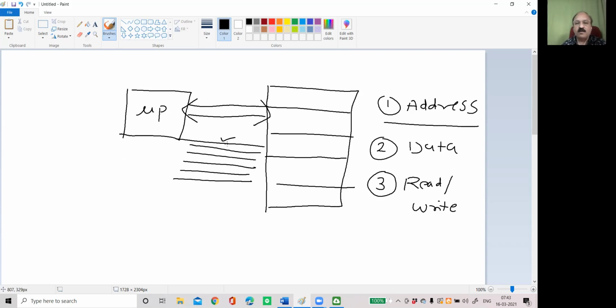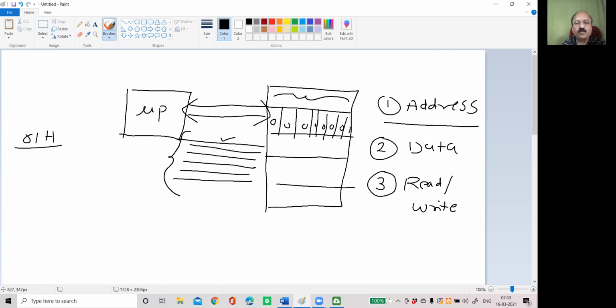If we want data to be taken from a memory location, how is the data stored? Suppose we say that 01H is stored in this memory location. Actually, it will be stored as 8 bits: 1, 2, 3, 4, 5, 6, 7, 8, that is 00000001. So when we say read 01, the whole bunch of these 8 bits should be taken simultaneously.